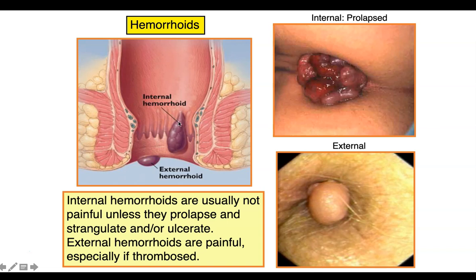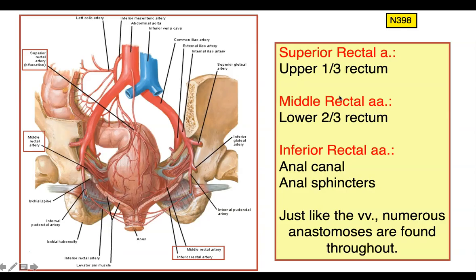If external or internal hemorrhoids get prolapsed and strangulated, then they are very painful.